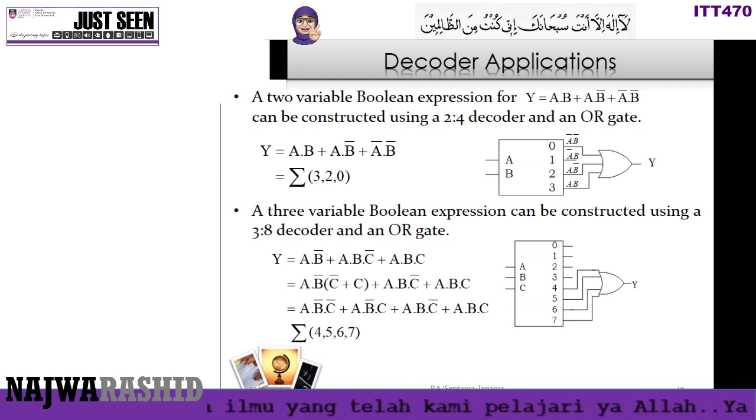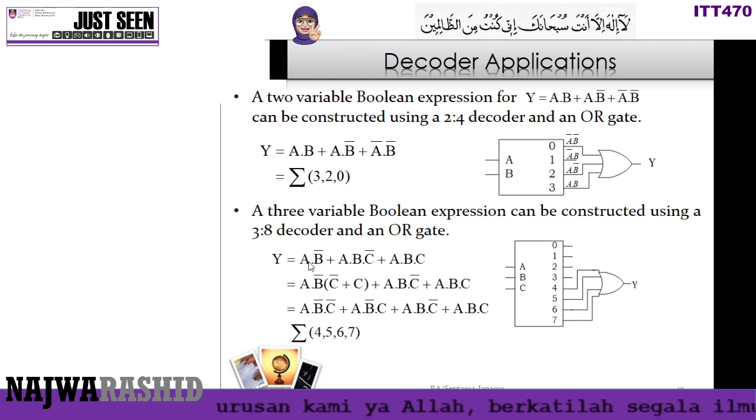Based on that, you need to expand the equation to make sure that every term has A, B, C. For example, this one we have AB naught, this one we have ABC naught, this one we have ABC. So this one there is no C. So you assume that C naught plus C equals 1.